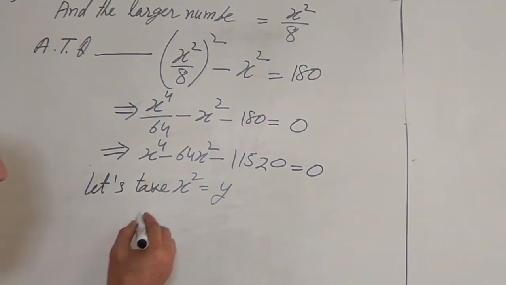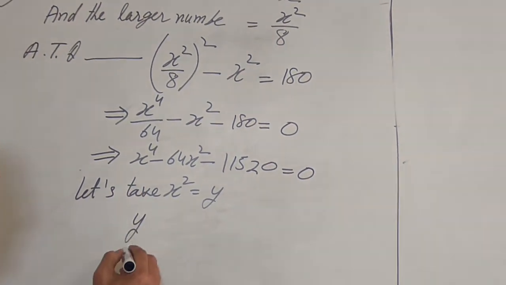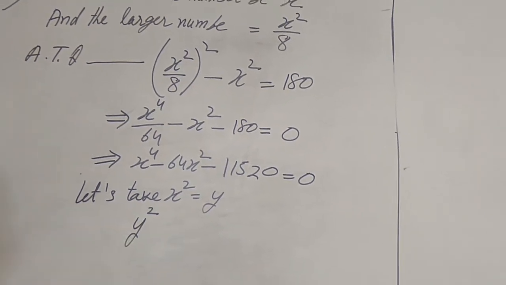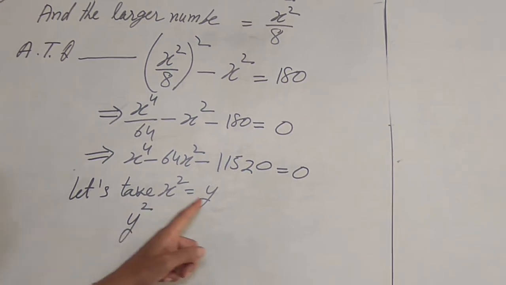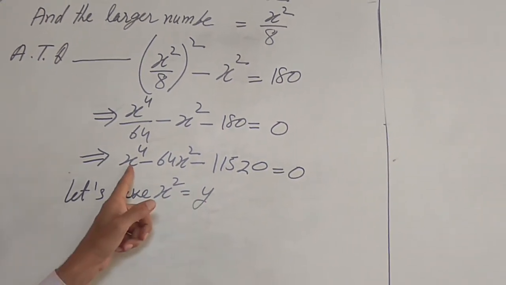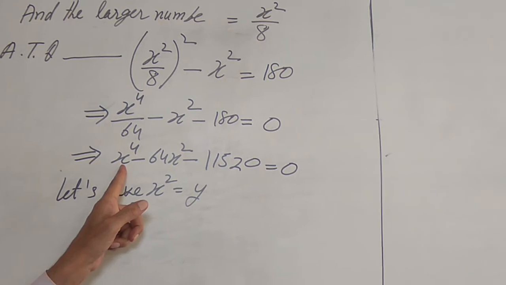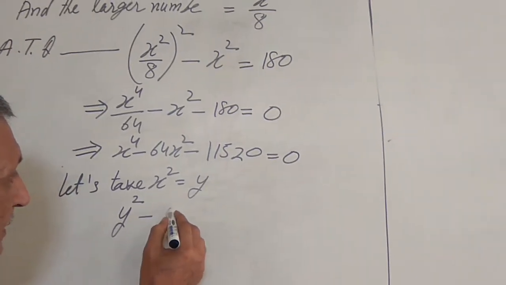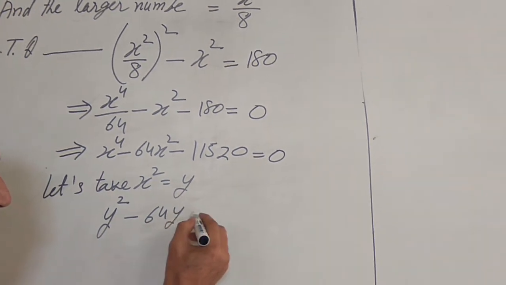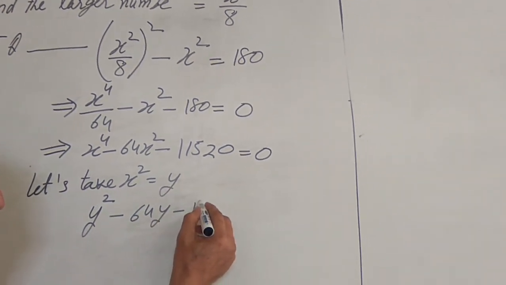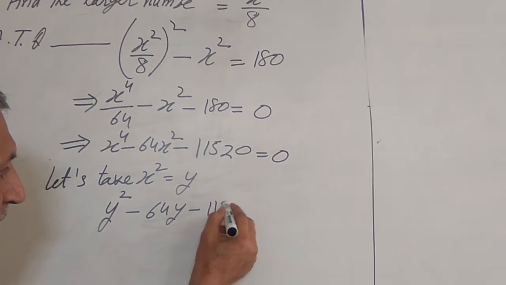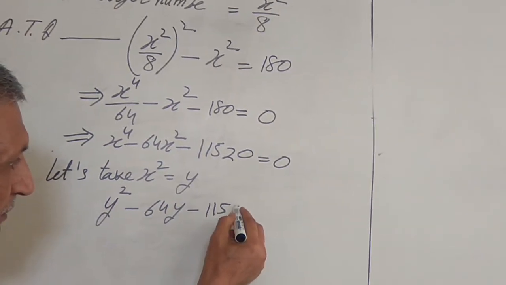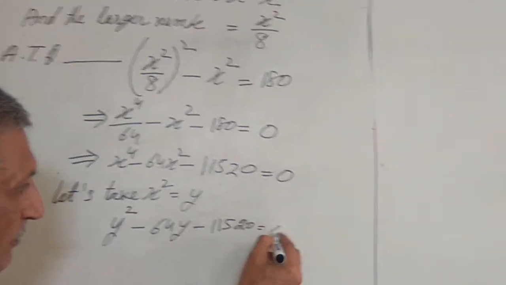That means this becomes y square, since the square of x square is the square of y. So we get y square minus 64y minus 11,520 is equal to 0.